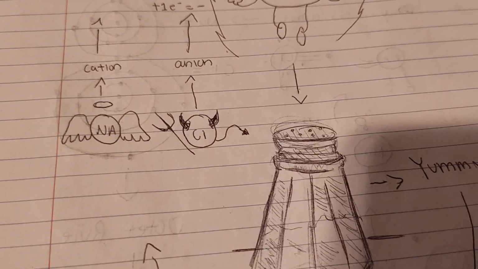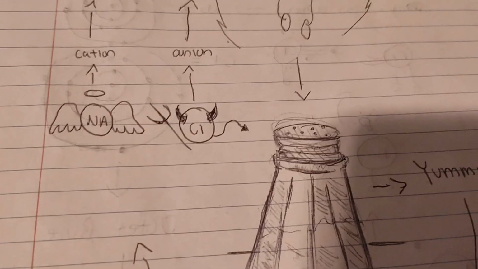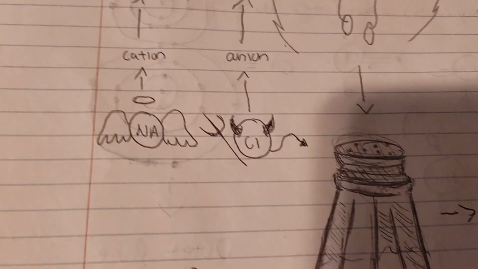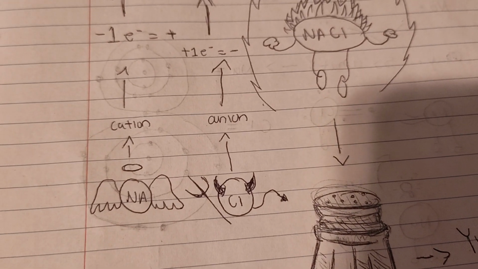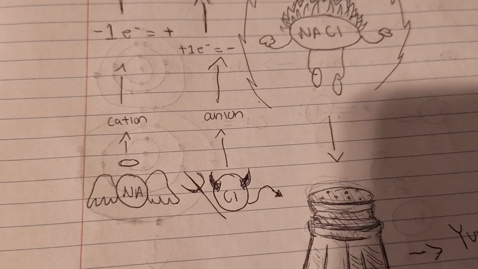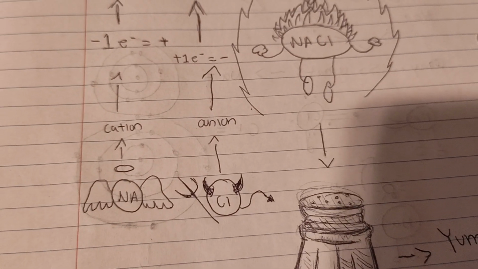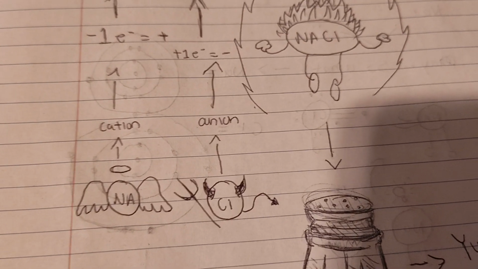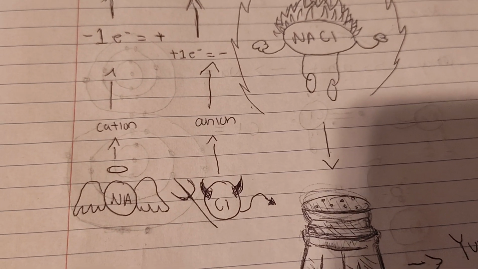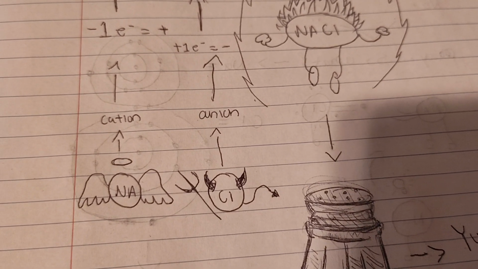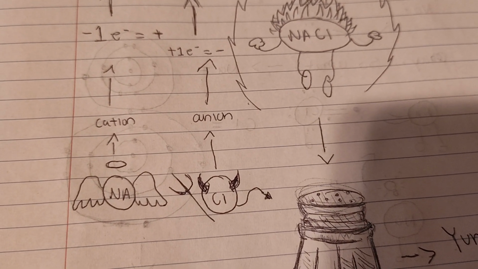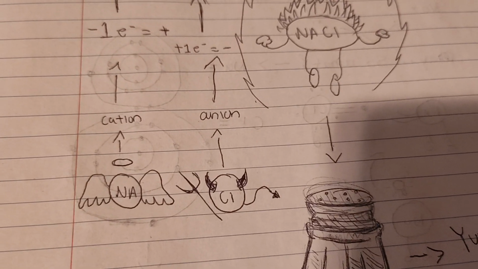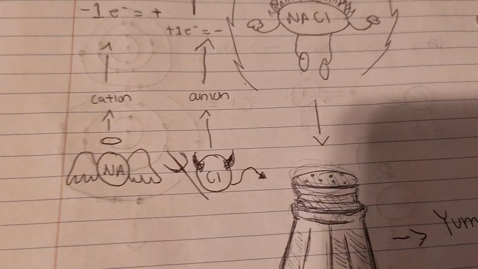Because sodium gave away one electron, it now has more protons in the nucleus than it does electrons on the outside, and therefore it's a positively charged ion. And because chlorine took the electron, it now has more electrons than protons in the nucleus, which means it's a negatively charged ion.